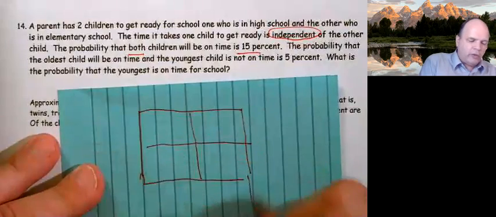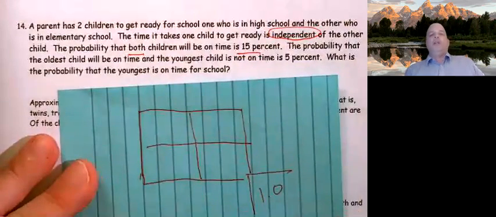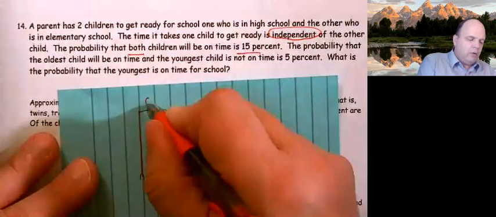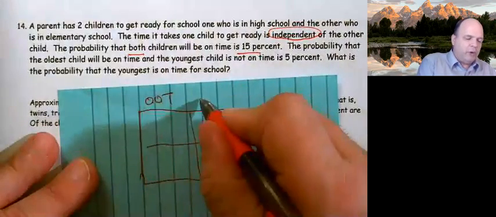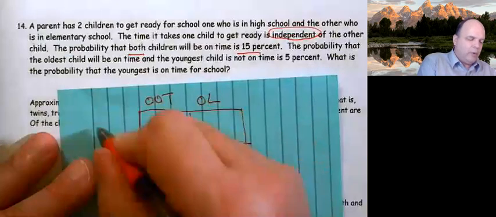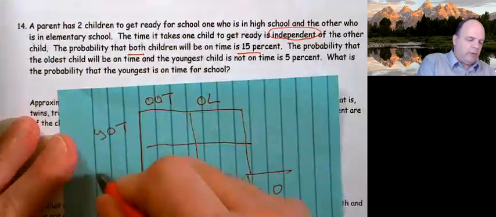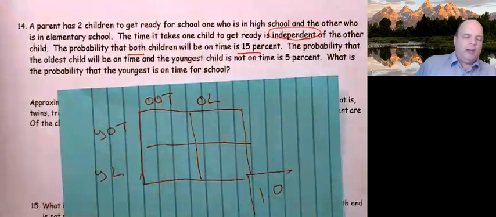And when you don't know where to start, you can always go, hey, I know one goes there. What do we know? We have an older child that's on time, which means we also have an older child that's late. We have a younger child that's on time, and sometimes we have a younger child that's late. Are there any numbers I can fit in anywhere?